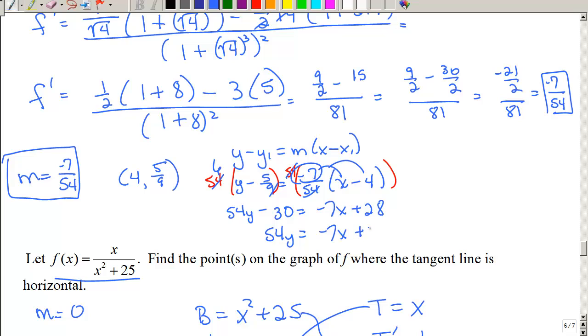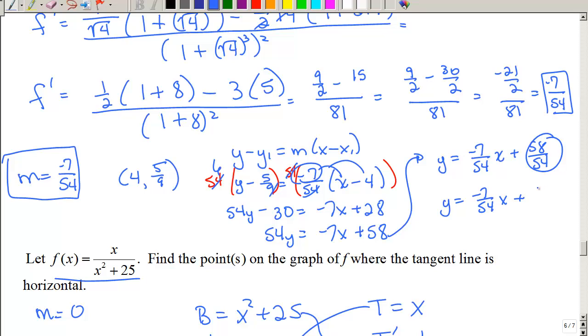Add 30 to both sides. Then the last step is to divide by 54. And I believe we can reduce that by 2. So it's 29 over 27.